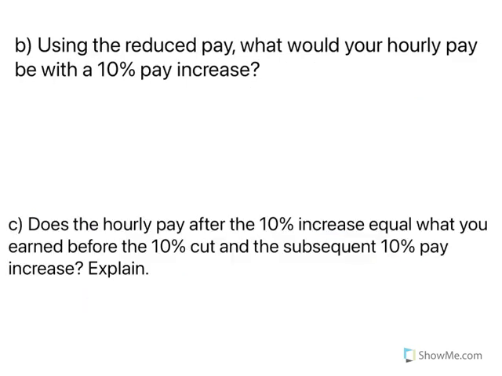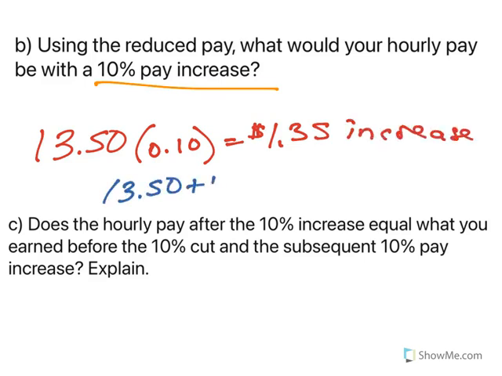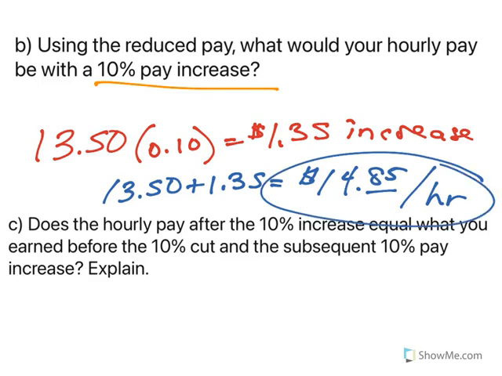Now you're earning $13.50 an hour for a while, and then we have a 10% pay increase. Well, what's 10% of $13.50? That's a $1.35 increase. So I am now earning $14.85 an hour.